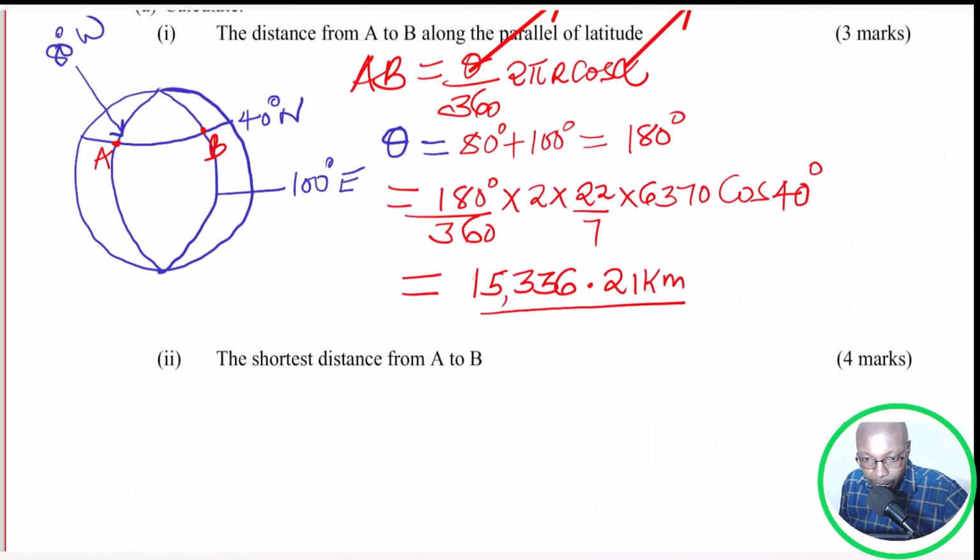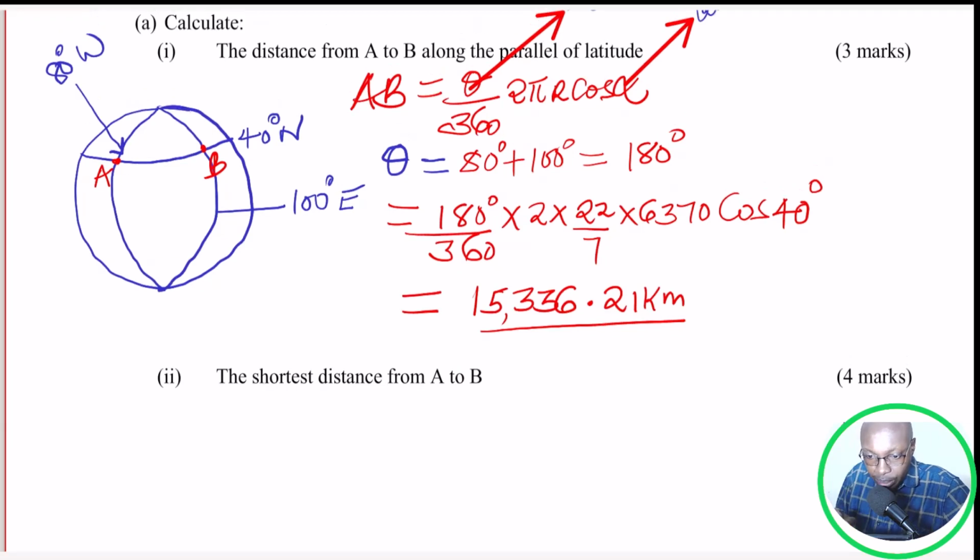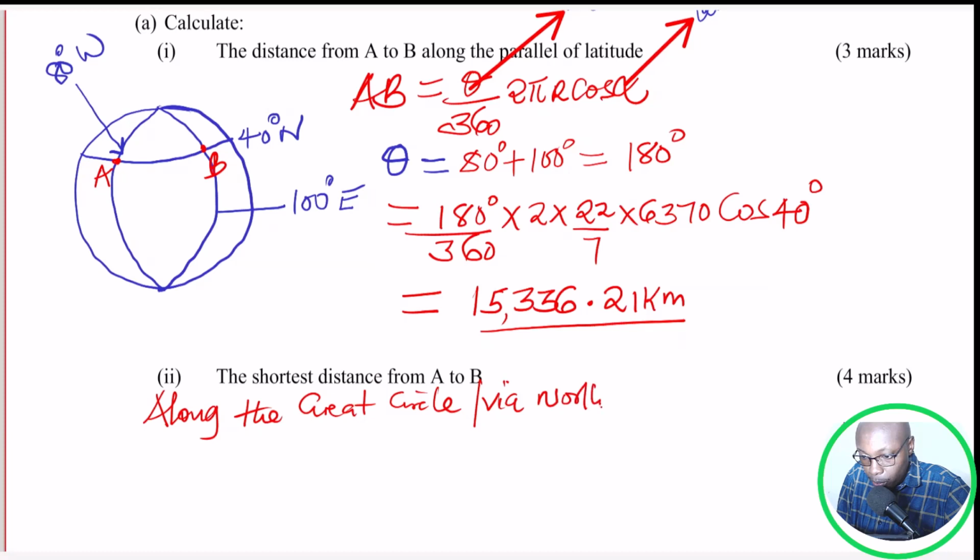The second part, the shortest distance from A to B. The shortest distance is the distance along the Great Circle, or the distance via the north, that is the North Pole.